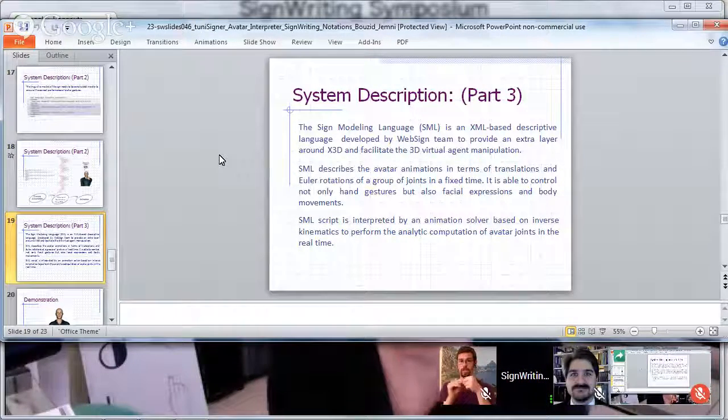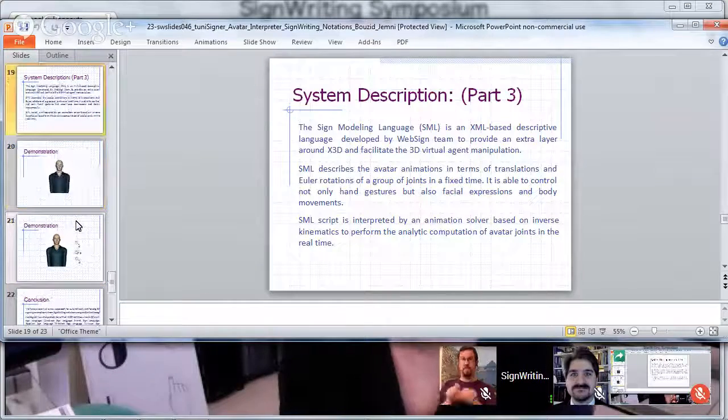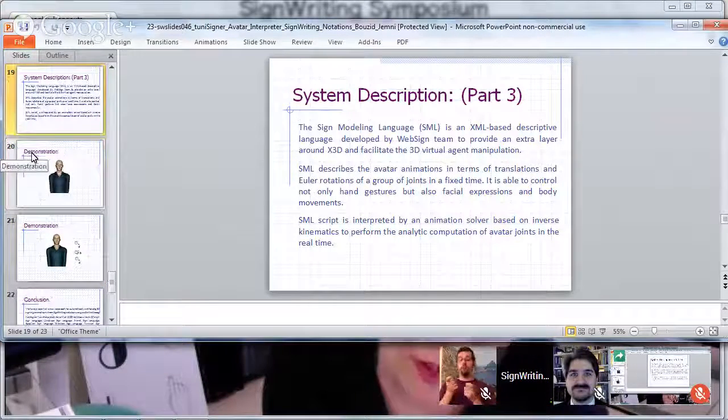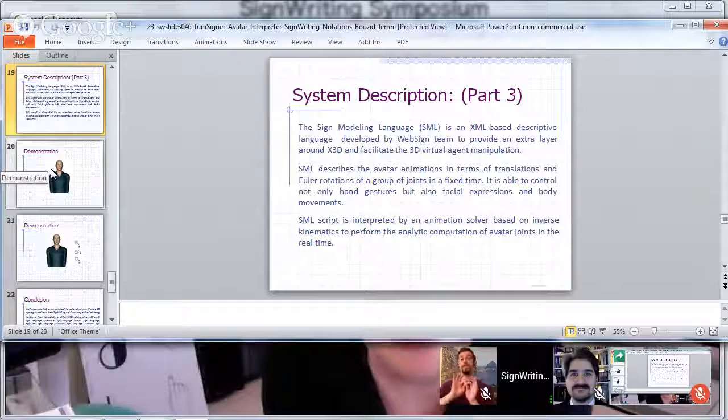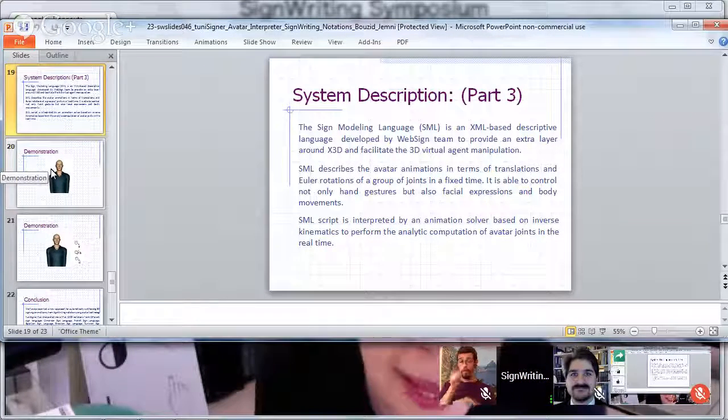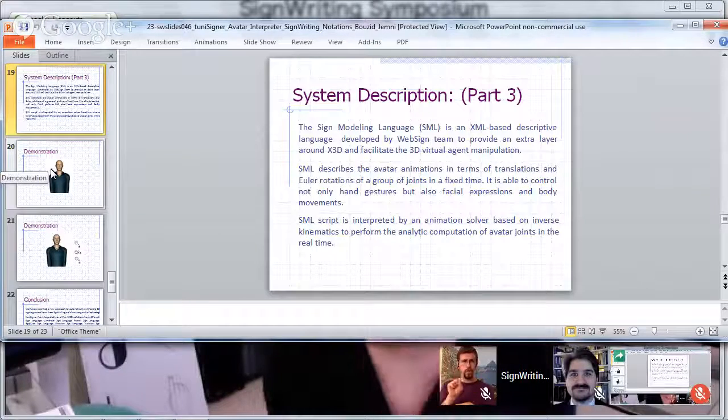It is able to control not only hand gestures, but also facial expressions and body movements. SML script is interpreted by an animation solver based on inverse kinematics to perform the analytic computation of avatar joints in real time.